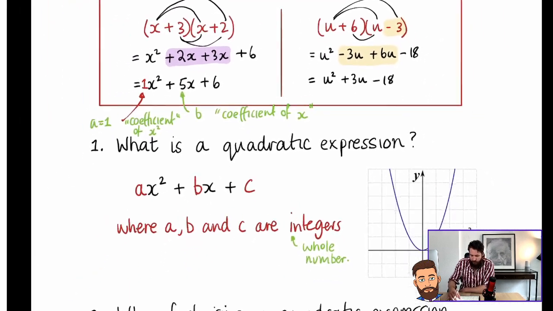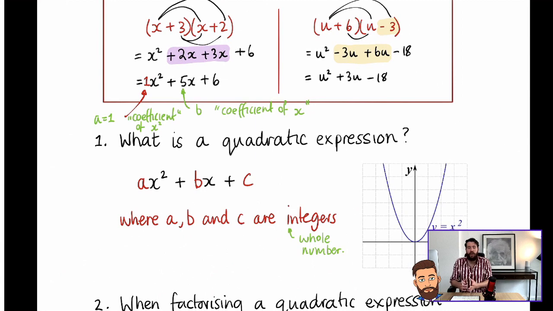Okay, so that is the general form of a quadratic. It's how it maps up. Really good keywords are coefficient, integer, okay, and A, B, and C are very, very useful for more than just factorizing.